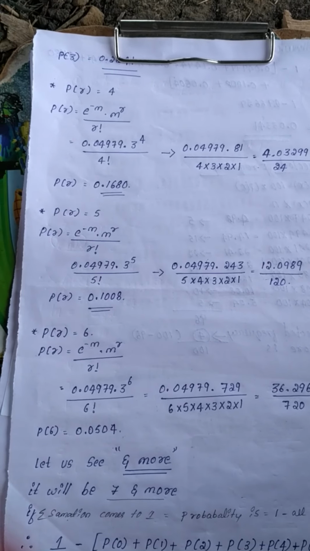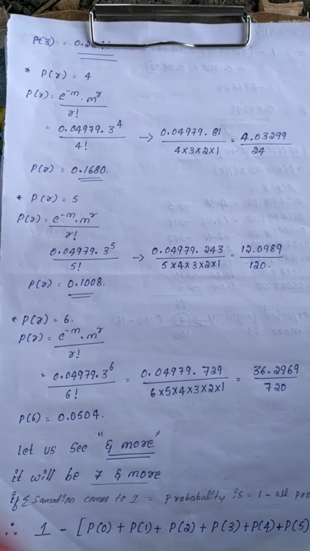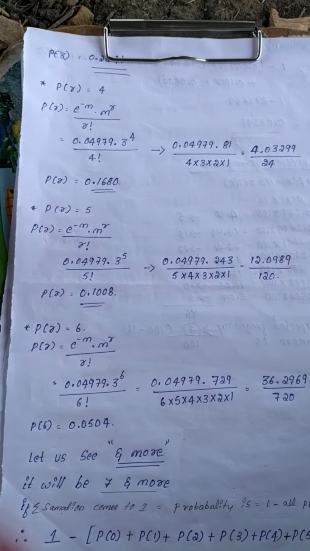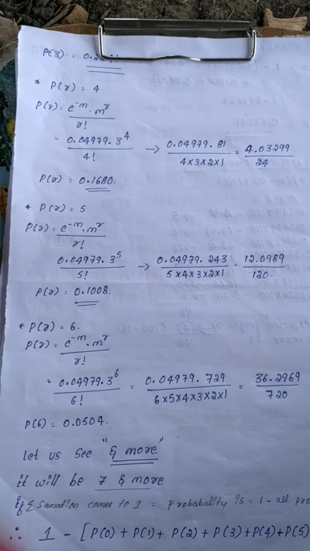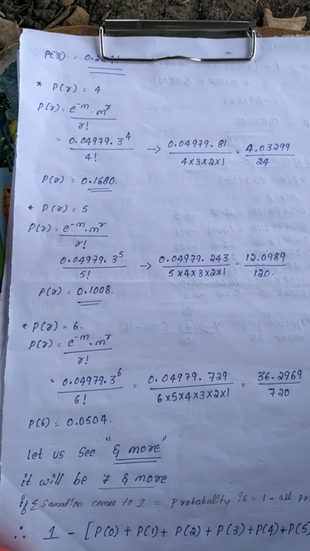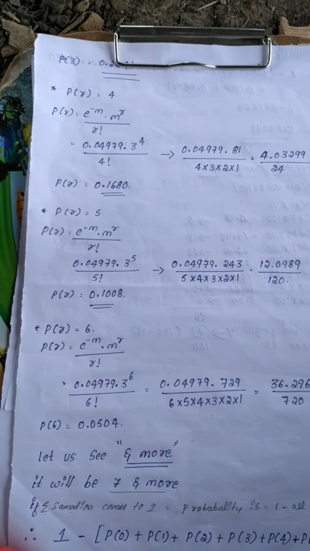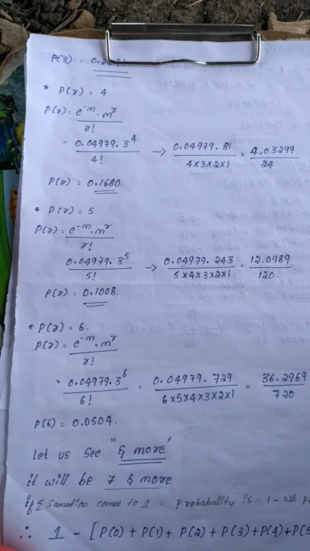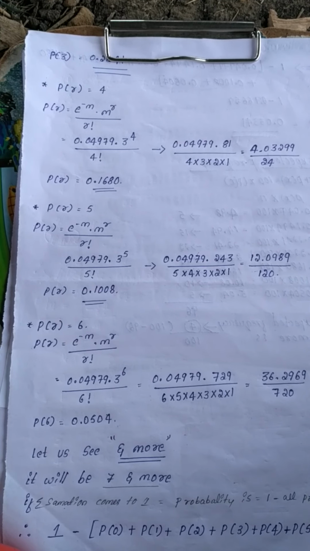Then 5 factorial is nothing but 5 into 4 into 3 into 2 into 1, the value is 120. Then 0.04979 into 243, it will be 12.0989.